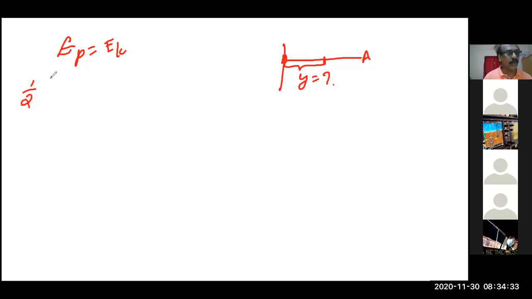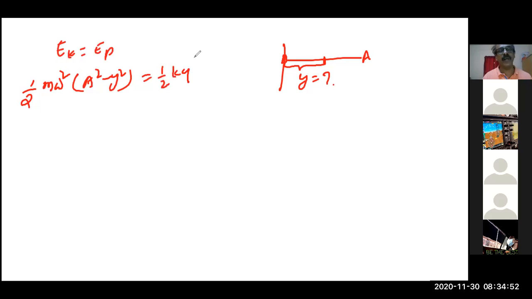Then half m omega squared into a squared minus y squared, this is the kinetic energy. Don't get confused. EK is equal to EP. Half K into a squared minus y squared is equal to EP, which means half K y squared.